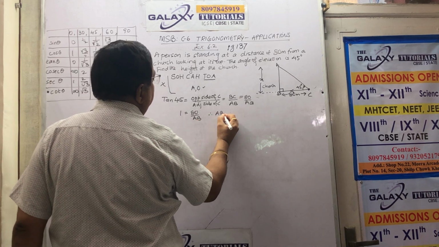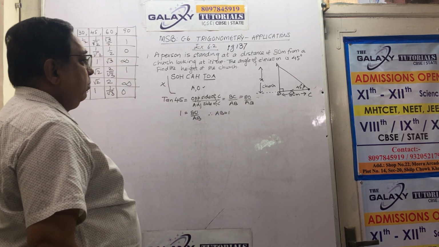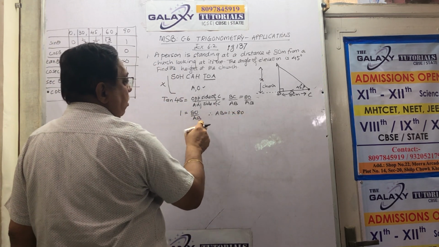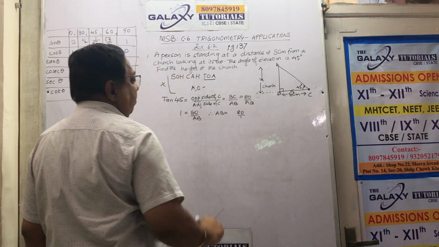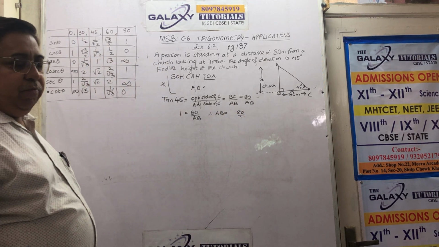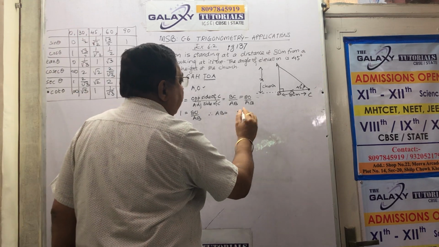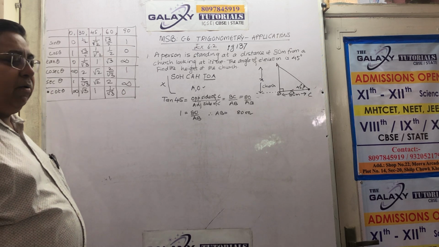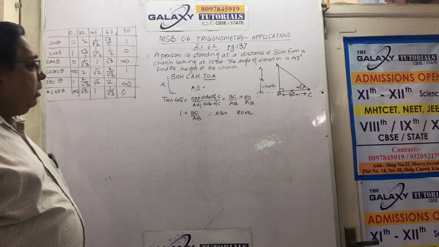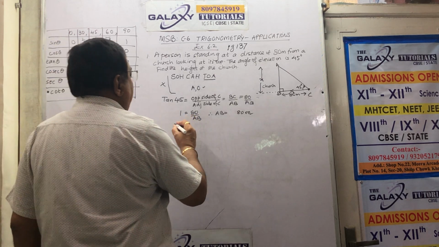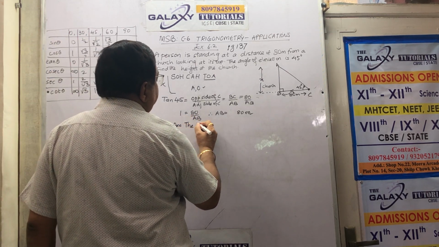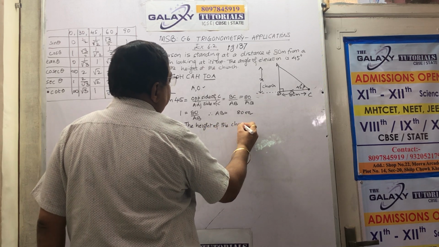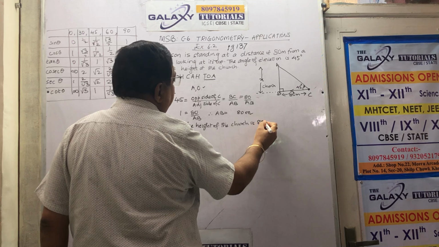Therefore, AB is 1 into 80, or 80 upon 1. You can't divide or multiply by 1, nothing will happen. So AB is equal to 80 meters. The answer, the height of the church, AB, is 80 meters.